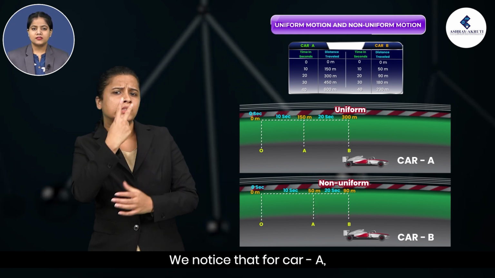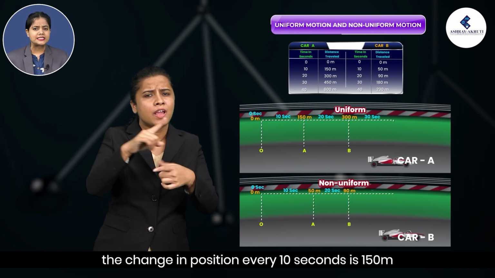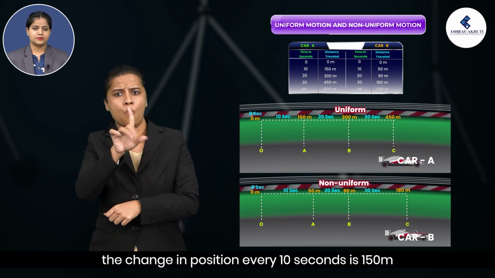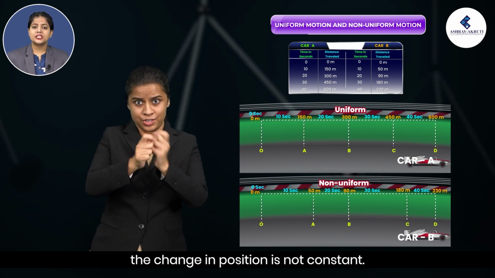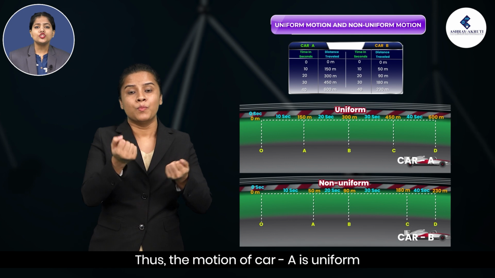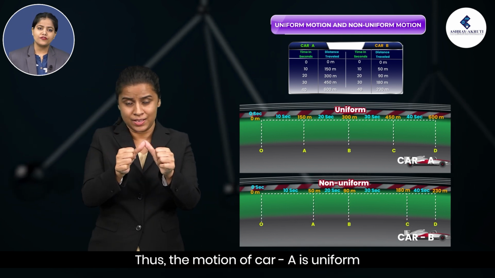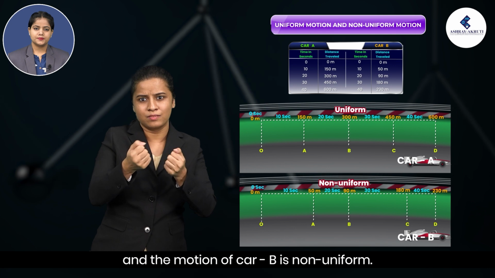We notice that for car A, the change in position every 10 seconds is 150 meter. But for car B, the change in position is not constant. Thus, the motion of car A is uniform and the motion of car B is non-uniform.